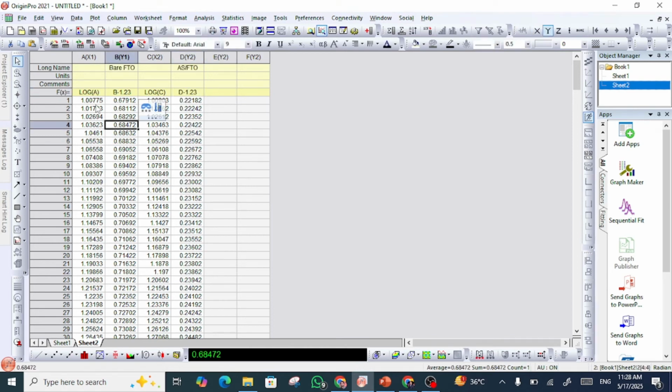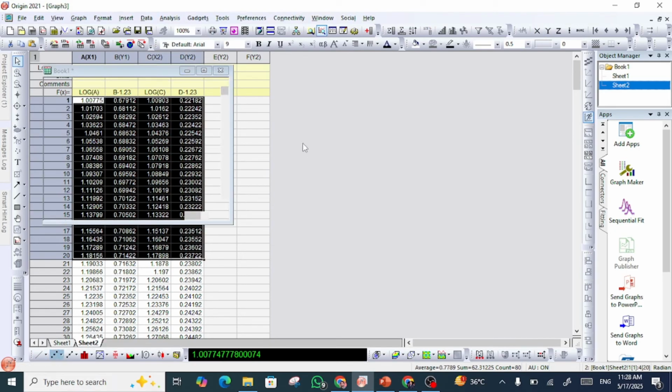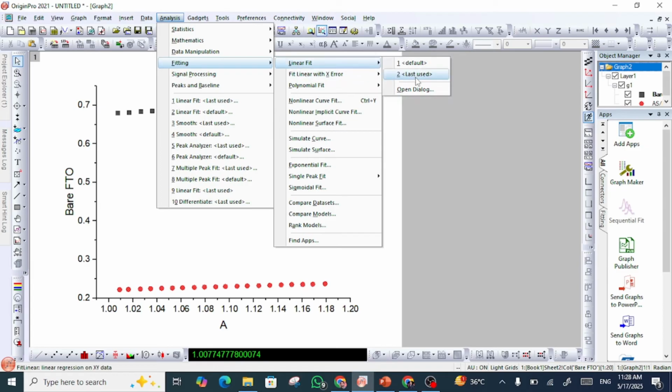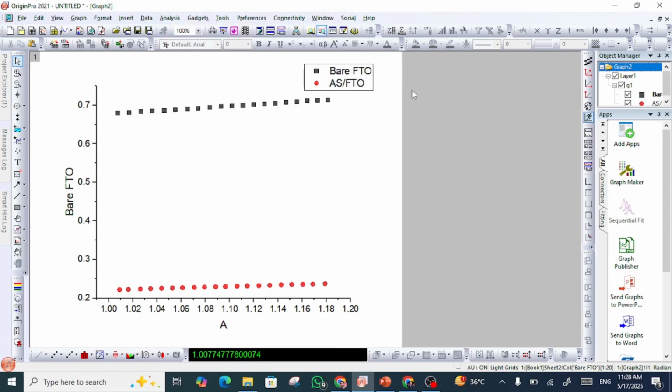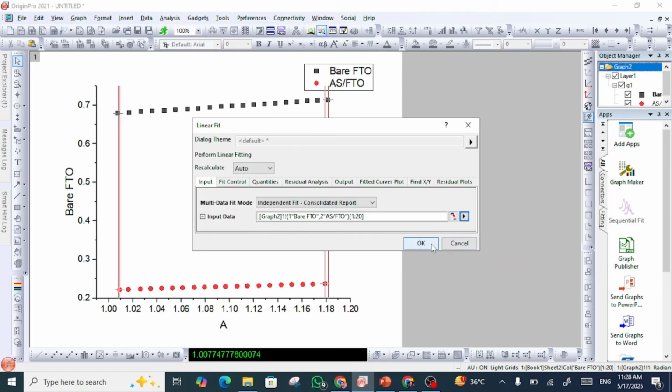Now I will take the first 20 points from this and plot as a scatter plot, two lines of pairs. Then I will apply analysis, fitting, linear fit. I will show open dialog, add all plots in active page.